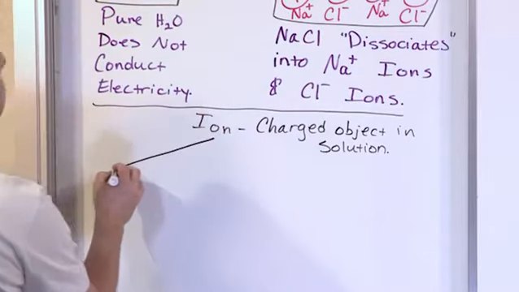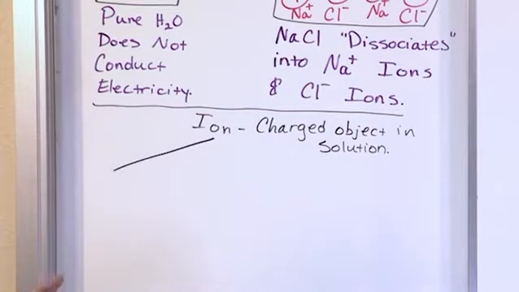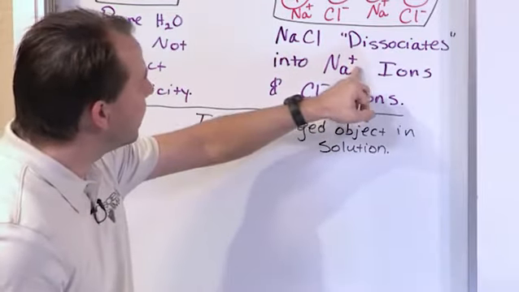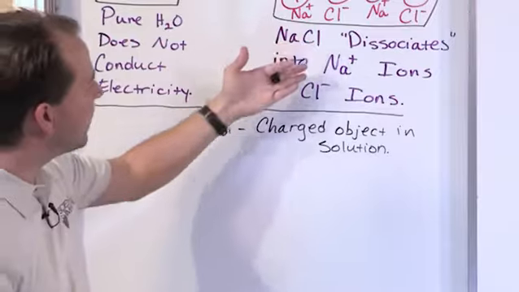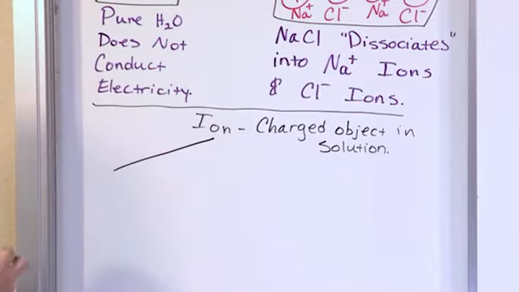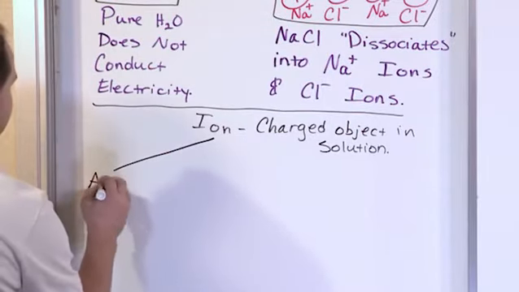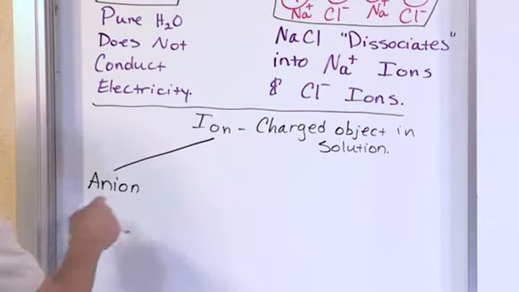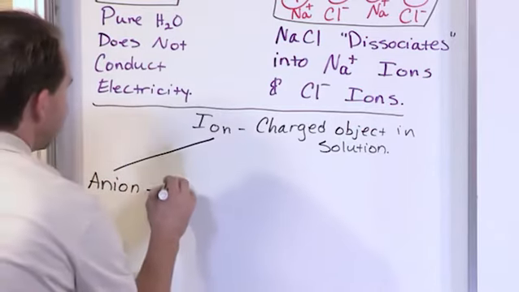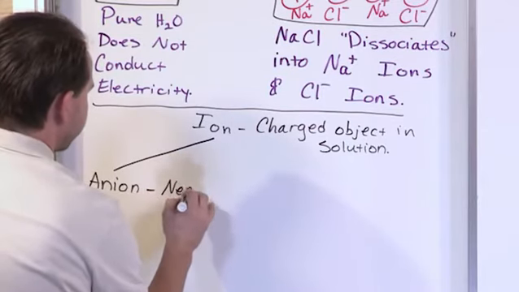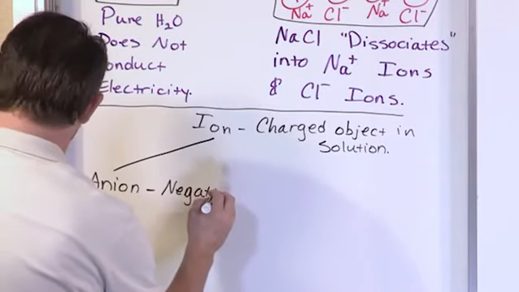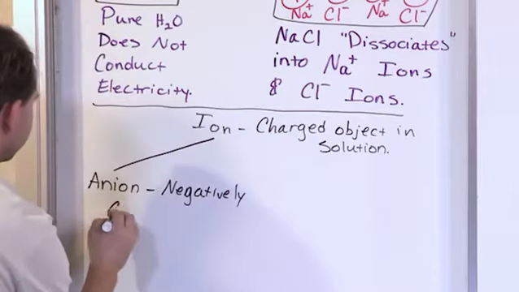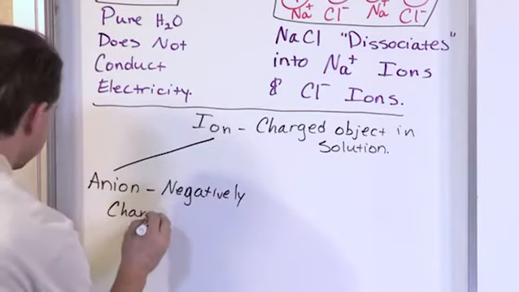Now, there are two kinds of ions that we care about, positive ion and negative ion, right? But we have special names in chemistry for everything. We have the anion, which is the negatively charged ion.